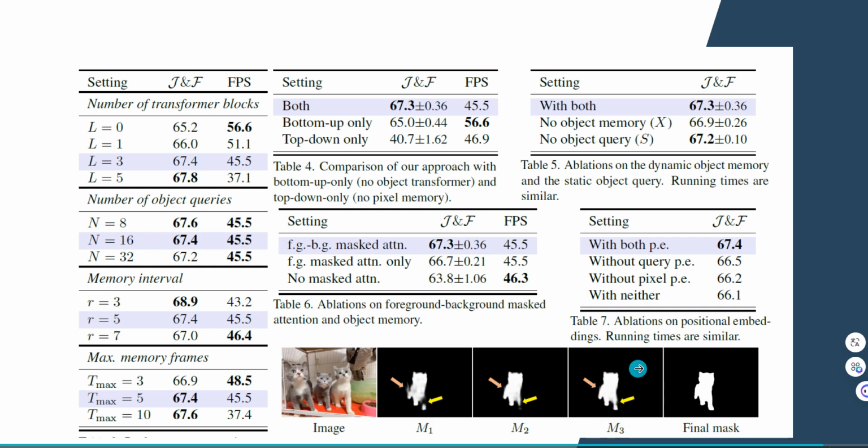As we can see in the final result, the author is using 3 transformer blocks, right? So this is generated after the first block, the second block, the third block, and the final block. We can see that the final block is much clearer than the first block, and it is tracking the cat over here, separate from the background.